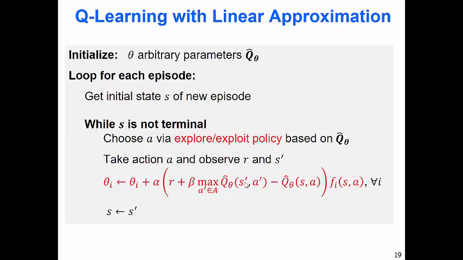What guarantees your representation is good for your problem? We've picked some features, and if my features are inadequate for the problem, if they don't capture what's necessary to capture the true optimal Q function, there's no possible way that you can learn the Q function using these features. So your features have to be good enough.